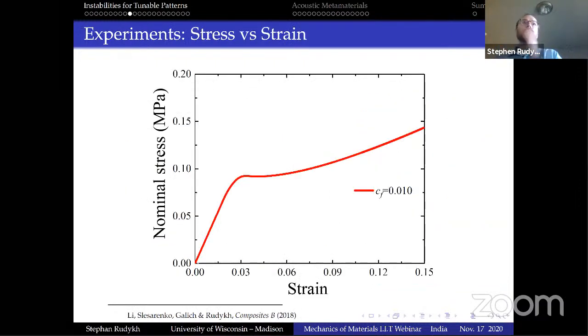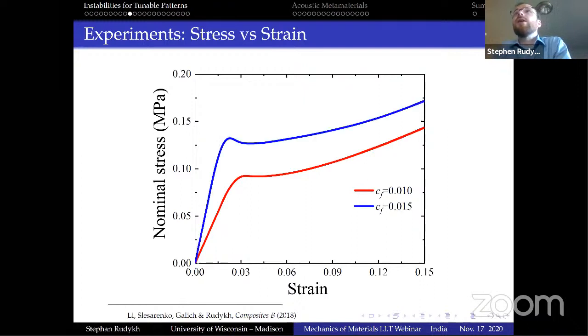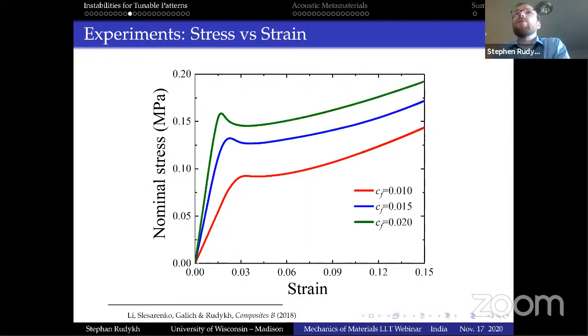Now, with that in mind, we did some experiments on these 3D printed fiber composites, and that's what you expect from the materials, this type of stress strain behavior. The material loses stability and buckles somewhere around this peak, and after that you have a much softer behavior, and that is consistent for different volume fractions.